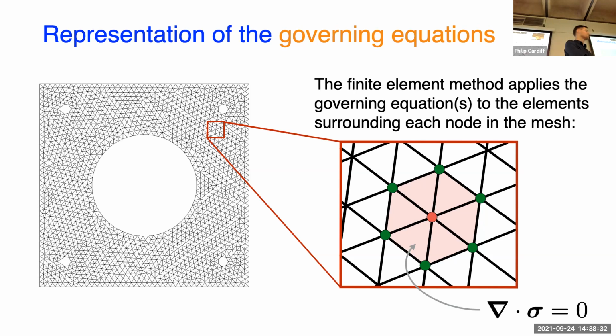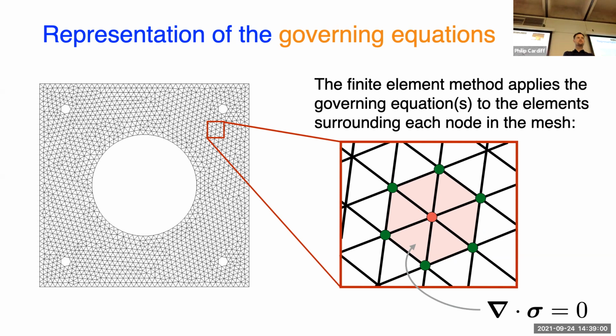So this is a vector equation, so 3 scalar equations, and there's 3 unknowns, 3 displacement components. So this equation is 3 equations and 3 unknowns. The unknowns are mathematical functions, that is, displacement functions. So what the finite element method does is it takes a node, and then for the elements around it, it applies this equation. It tries to rewrite this maths equation in terms of algebraic equations.